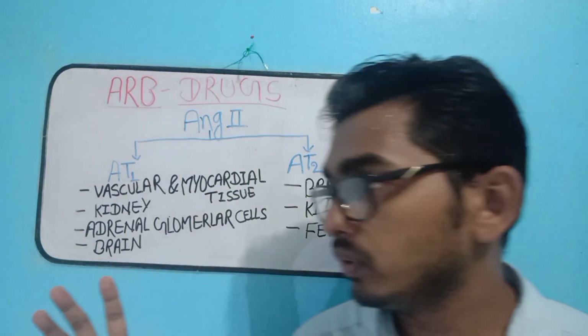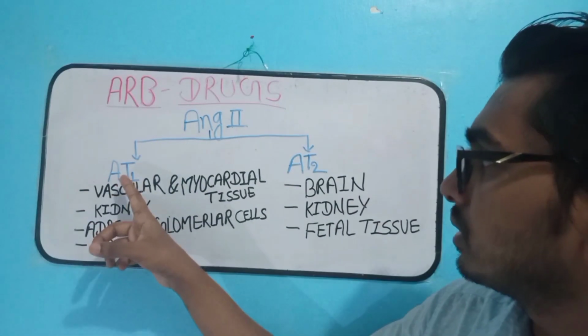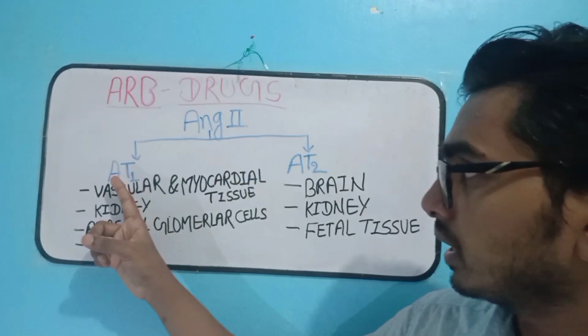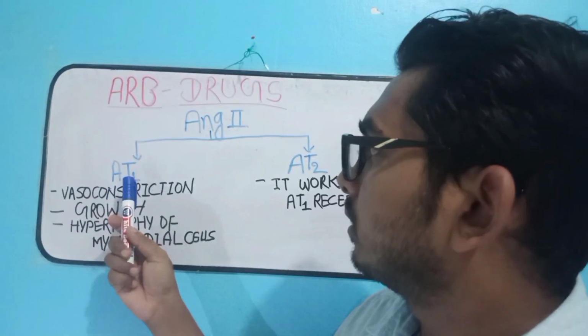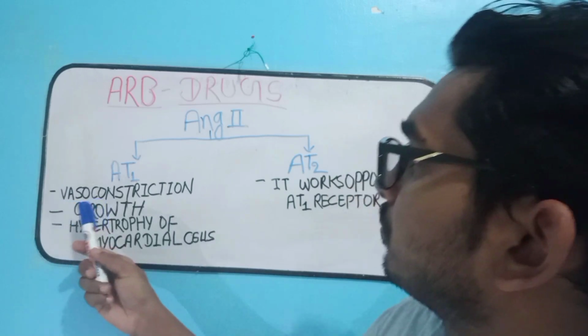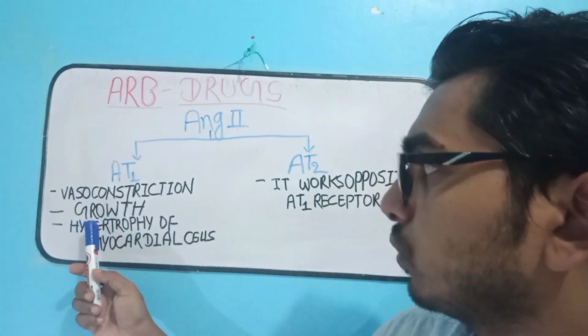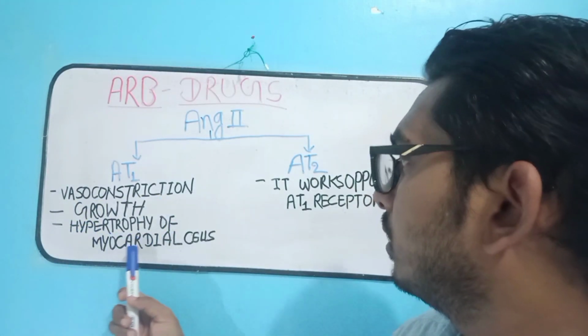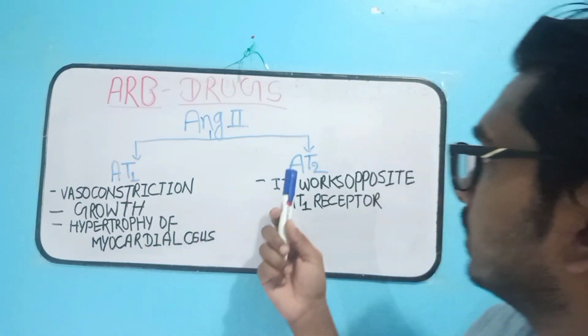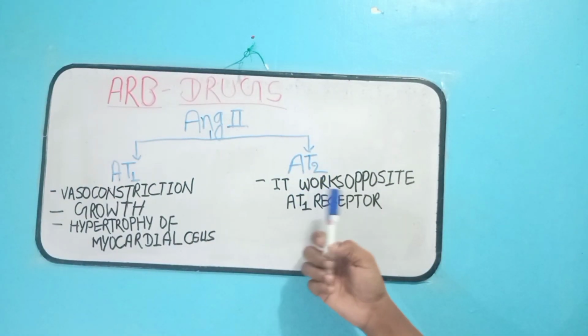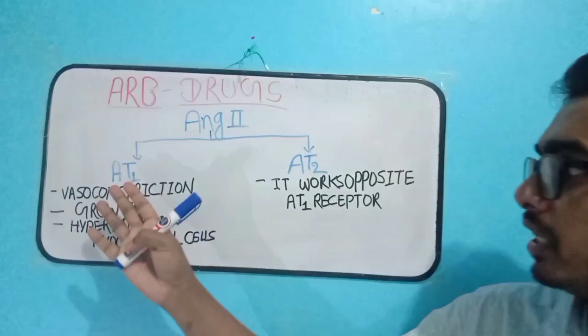Now we will discuss a little of the function of AT1 and AT2. AT1 helps in vasoconstriction, growth and hypertrophy of myocardial cells, and AT2 works opposite to AT1.